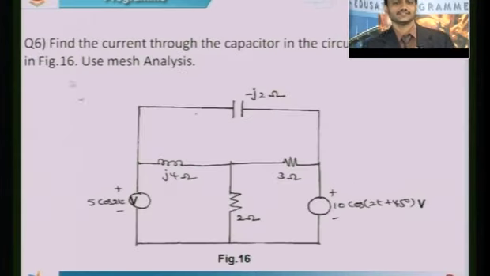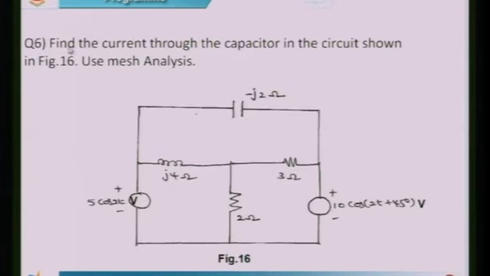Now, let us take up a problem related to this. Find the current through the capacitor in the circuit shown in figure 16. Okay, that is this figure itself. You have to use the mesh analysis. Now, this is an AC circuit. This is the inductance, which has got the impedance of j4 ohms, then 2 ohms resistance, 3 ohms resistance.